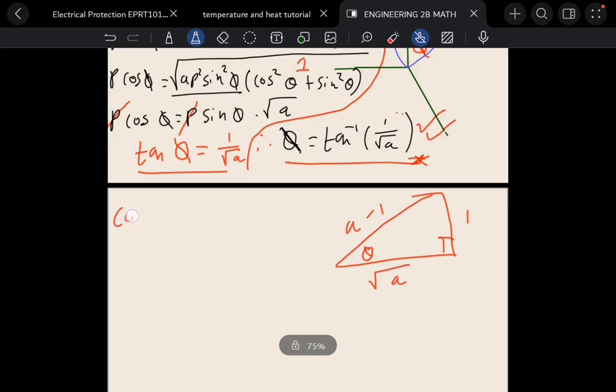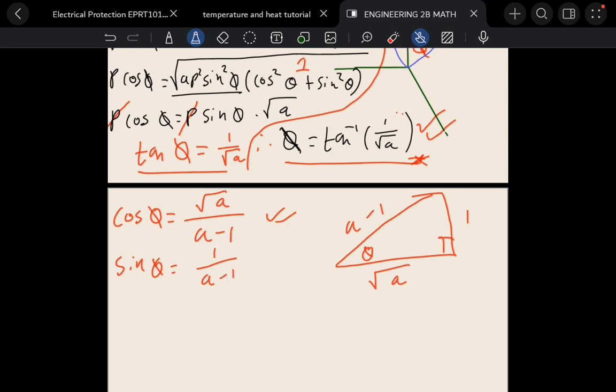And then if you say cos phi, your cos phi will be the square root of a over a minus 1. Right. So you can use this equation if you want. If you want to use the sine of phi, it is going to be 1 over a minus 1.